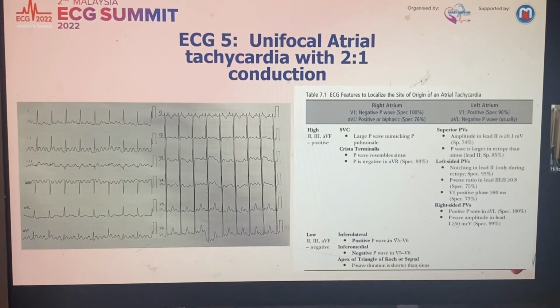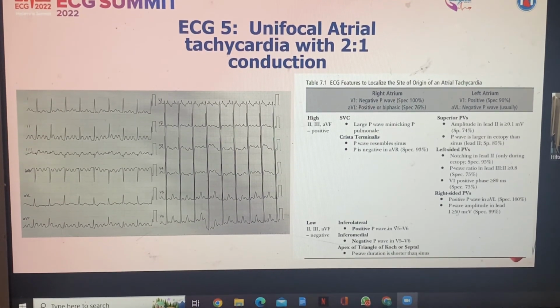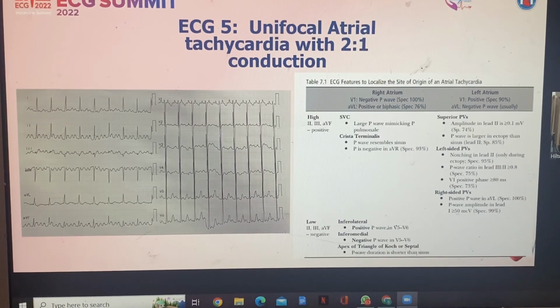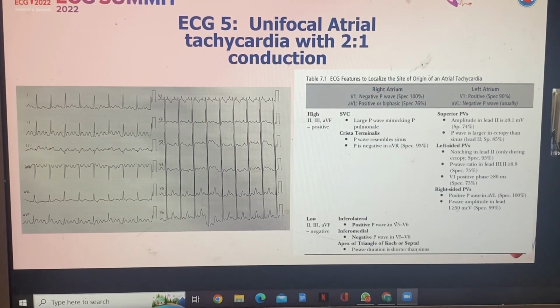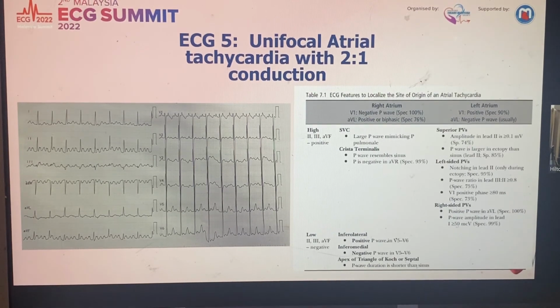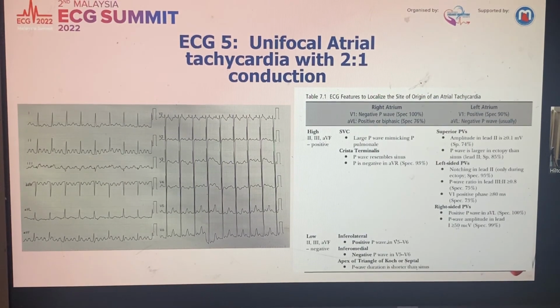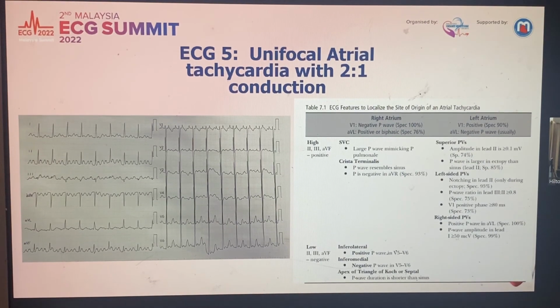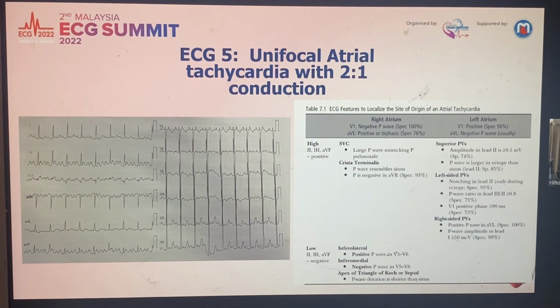Is it left or right? That's the most important thing. And then based on a few criteria, you can pinpoint where you want to map during the ablation. So this is very important for electrophysiologists to decide where to map, because we need to be more specific, more focused during the ablation.